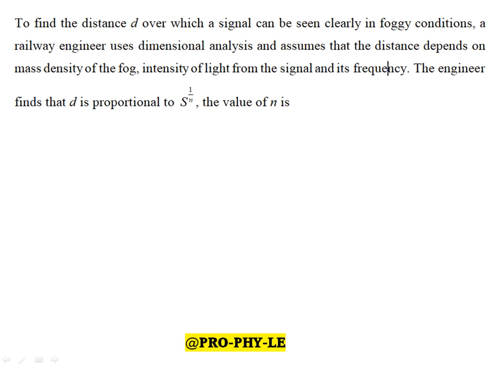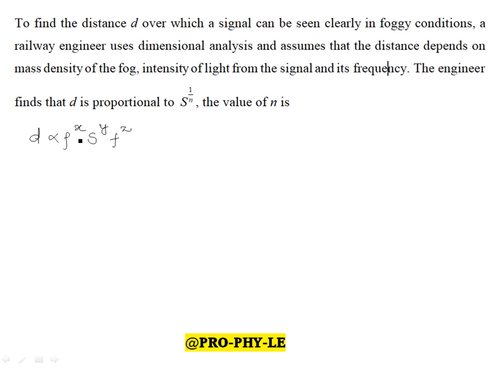We are asked to find the value of N. So D depends on mass density, so that is density power of X, and intensity power of Y, and frequency power of Z.